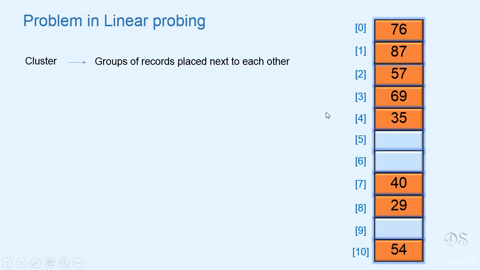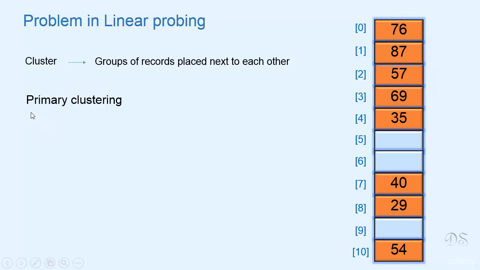Now because of these clusters, the search time of a key increases. Now if a key is hashed to any of these locations within this cluster, then it will be stored here at index 5 and this cluster will increase in size by 1.